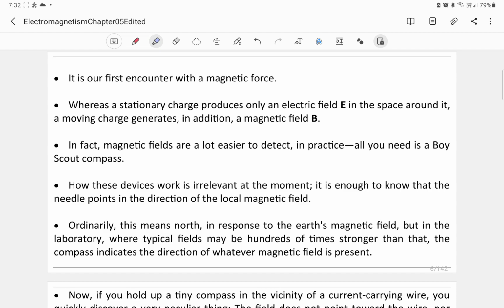However, you can only detect the magnetic field's direction, not the magnitude. You can compare magnitudes, though. If the deflection of the compass is quick, that is a stronger magnetic field, and if the deflection is very slow, that's a weaker magnetic field.